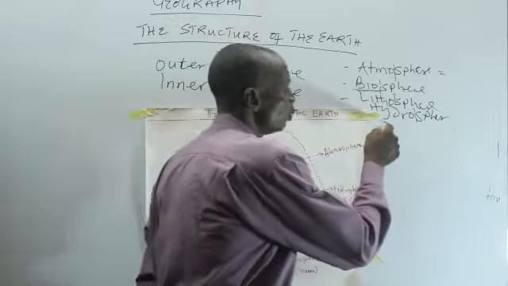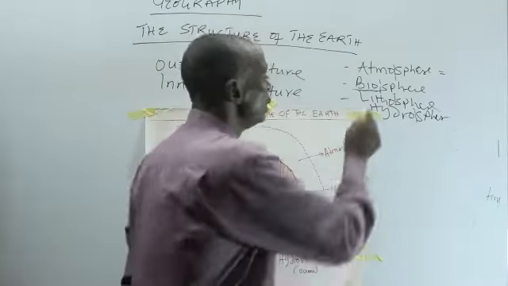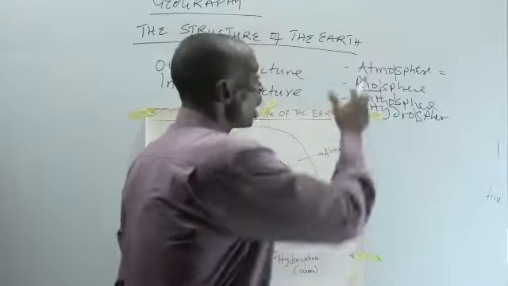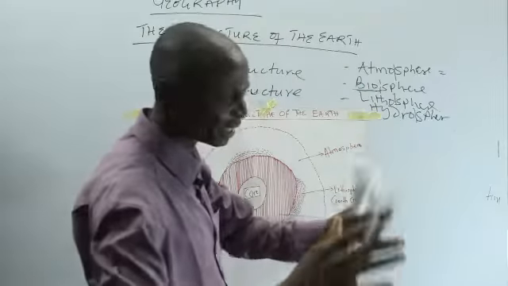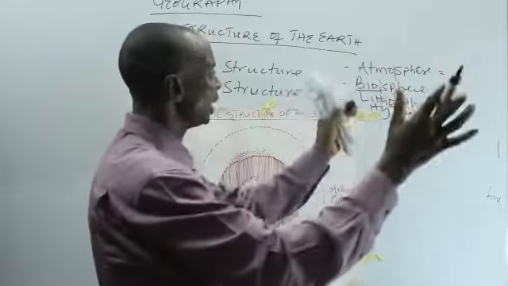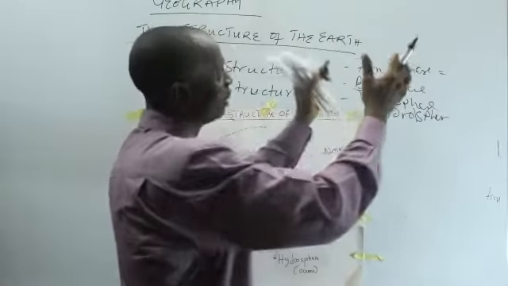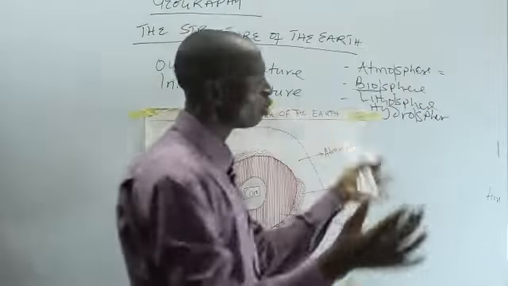Then finally we have the hydrosphere. I said hydro means water, litho means solid, bio means life, atmo means air, gases. So a sphere is a space. The part that is occupied by air and gases, we call the atmosphere. The one occupied by life, we call the biosphere.